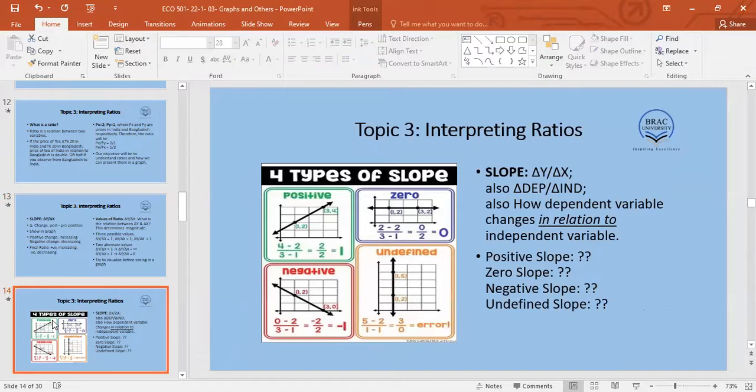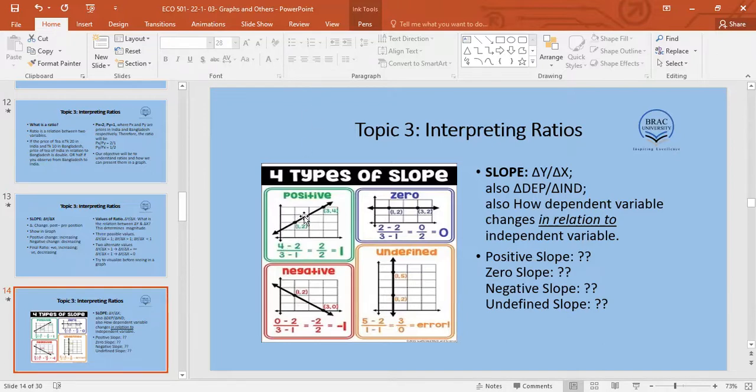We'll use the words positive and negative. So if we are looking at a direct relationship, we will use the word positive, meaning that when the independent variable changes, the dependent variable moves in the same direction.